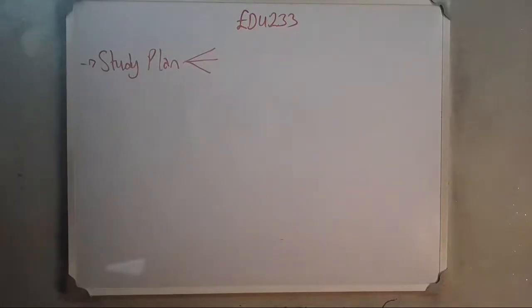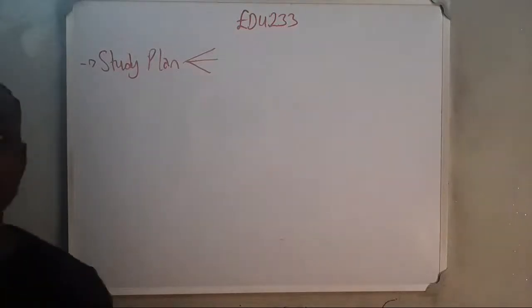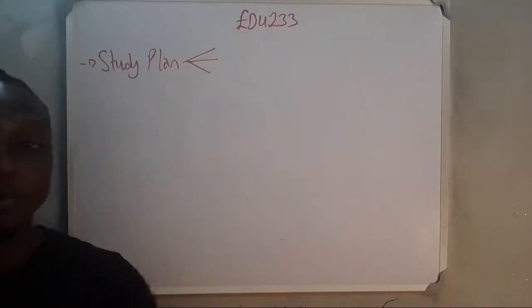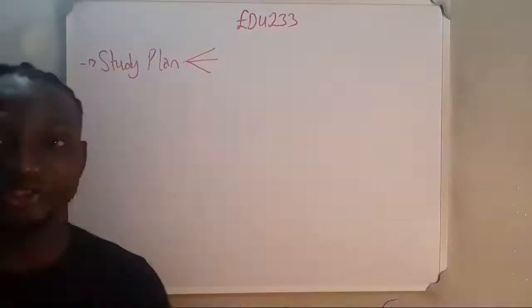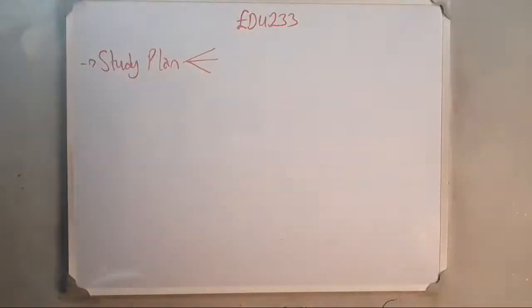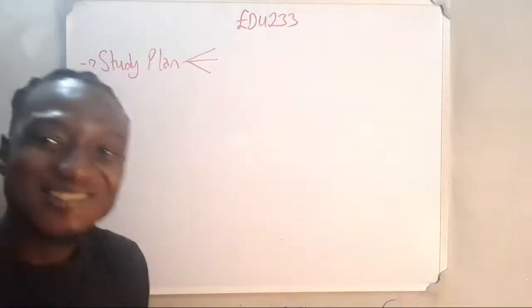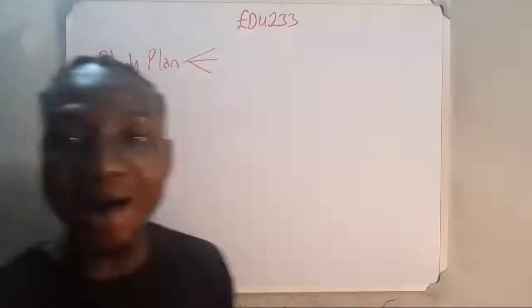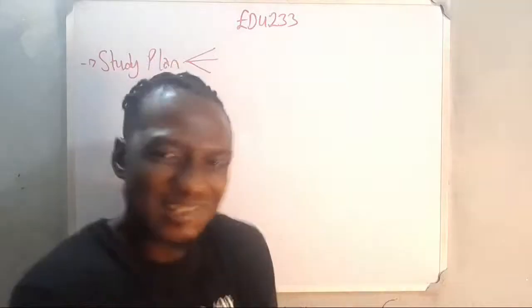Now, let's come down to what we have for today's class. It says study plan. Study plan means something to a teacher and a different thing entirely to a student. But the bottom line is, whether to a teacher or to a student, when you talk about a plan, we are talking about the intended action, the map to an intended action.